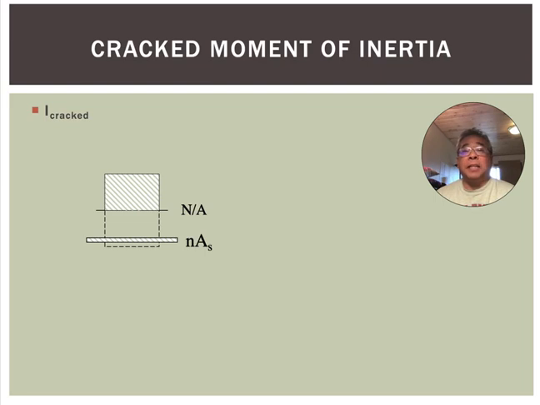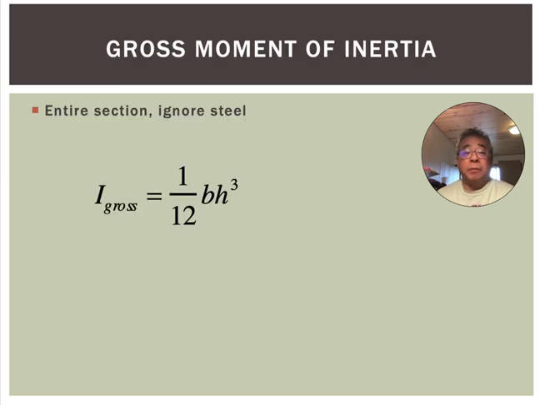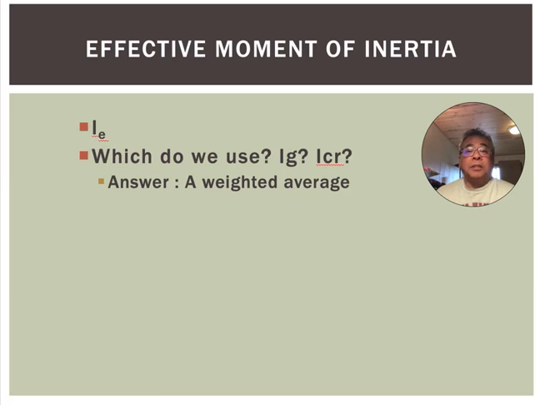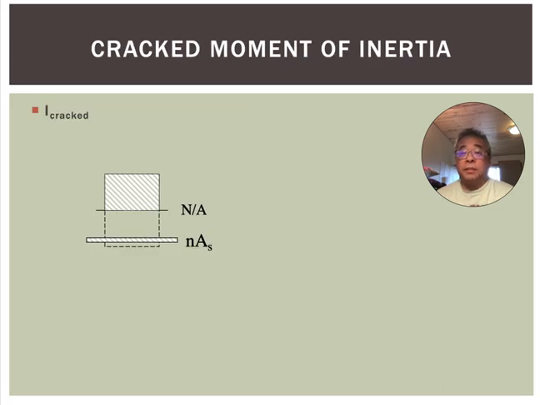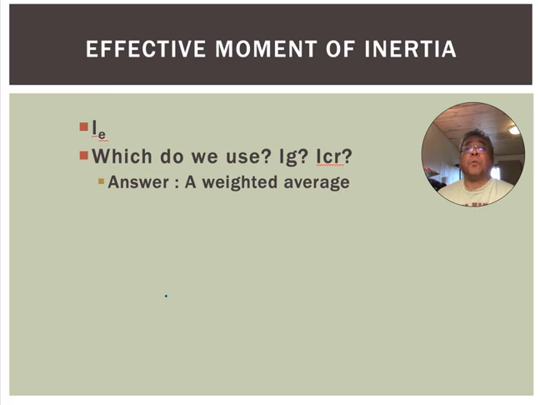And in case you don't remember, here's the cracked moment of inertia. We did this, N times AS. Okay. And this is the gross moment of inertia. So which one do we use? Do we use the gross moment of inertia or this cracked moment of inertia? And the answer is a weighted average.